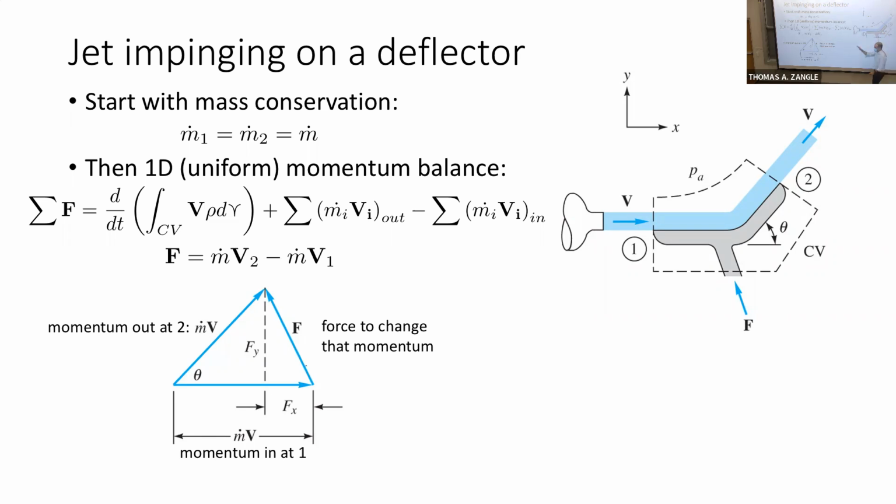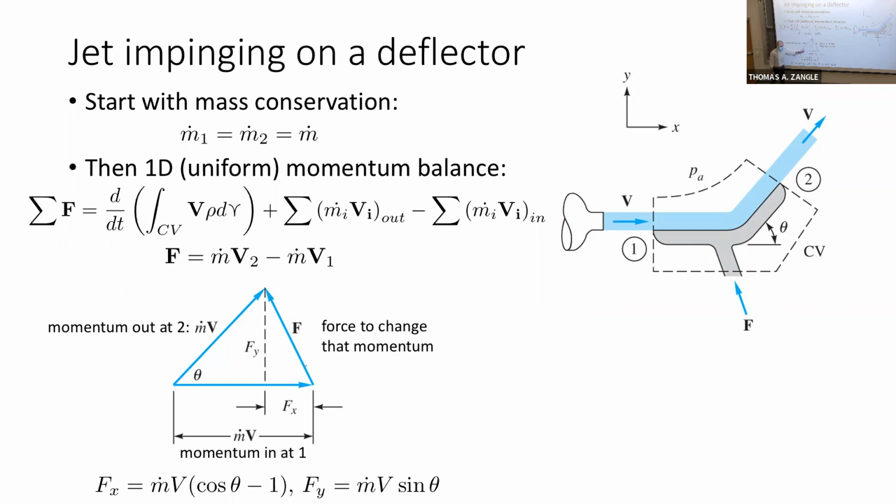You notice the angle of this is the same as this angle here. So from this graphical explanation, we could use trigonometry to figure out the components Fx and Fy, and then solve for those components Fx and Fy. Again, remembering that this force is a vector quantity. Okay.